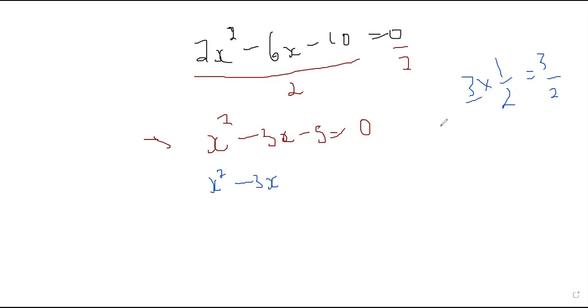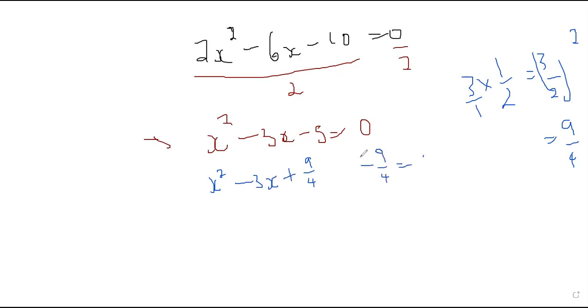Because this is the same as 3 over 1. So we take that 3 over 2 and square it. 3 squared is 9, 2 squared is 4. So without using a calculator, half of 3 squared is 9 over 4. Right, so you add that 9 over 4 and you subtract that 9 over 4.